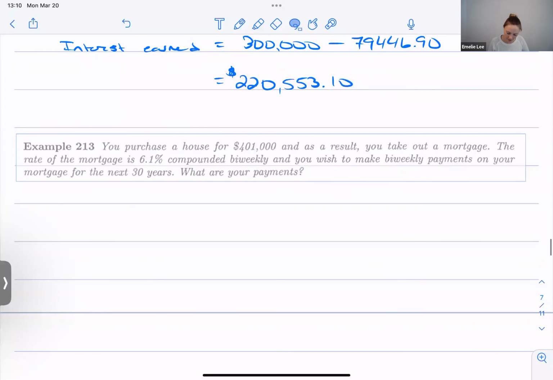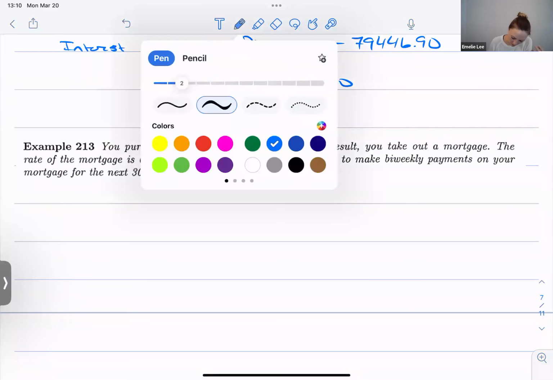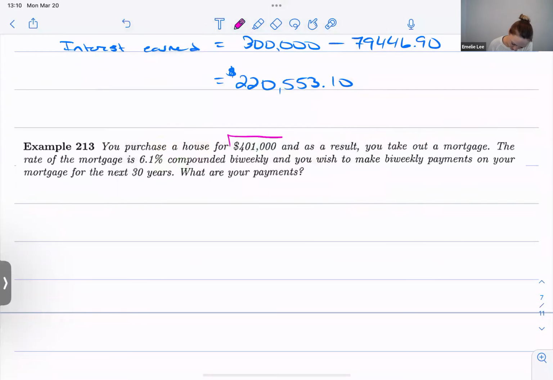So if you buy a house for $401,000, and you take out a mortgage, of course, you're borrowing this money, which means that it's a present value of 401,000.